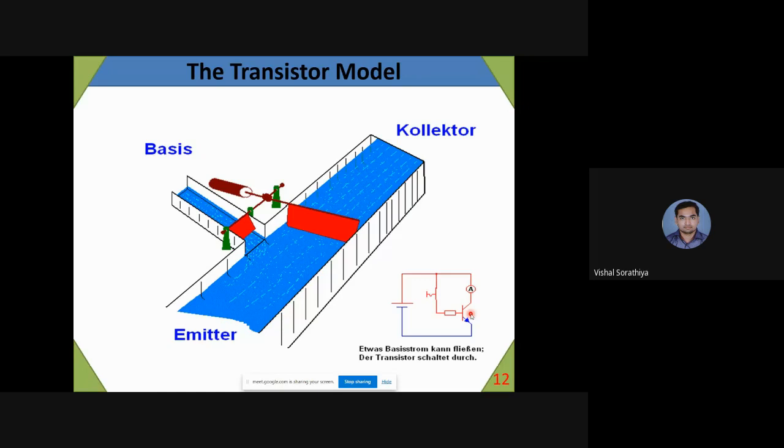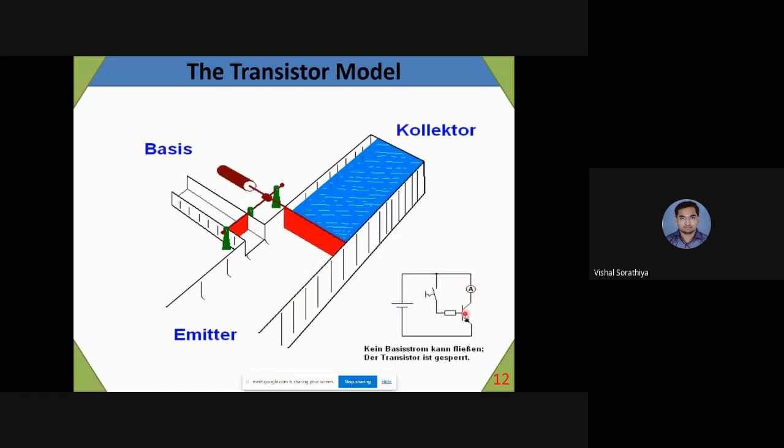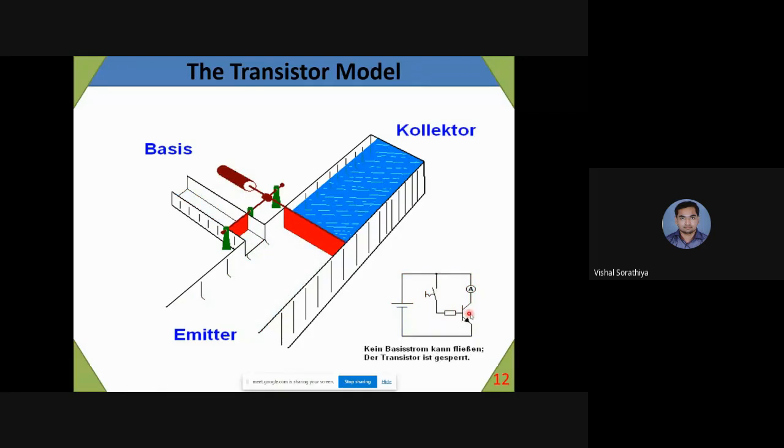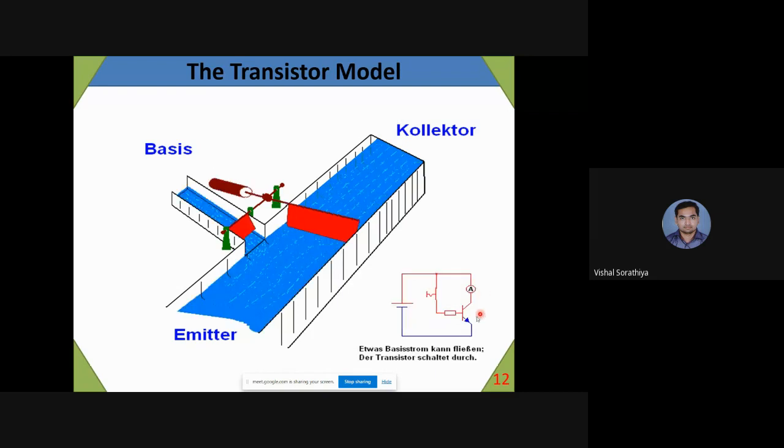Why? Because your base is not allowing it. Once the base gets sufficient power supply, only then is the entire circuit complete and current flow takes place.